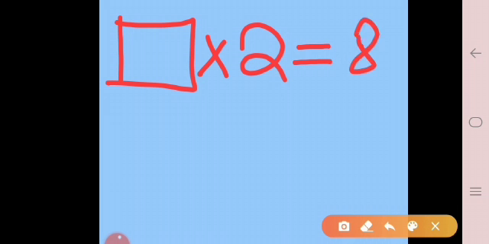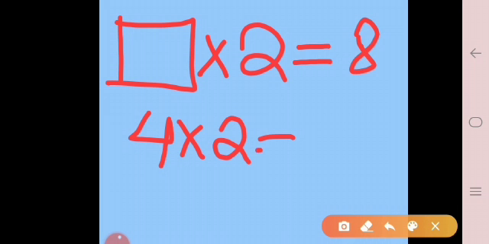Which number, if I multiply with 2, I will get 8? Think about the number. Which number will we multiply with 2 so that our answer is 8? Yes, you are right. That is 4. 4 multiplied by 2 gives us 8.